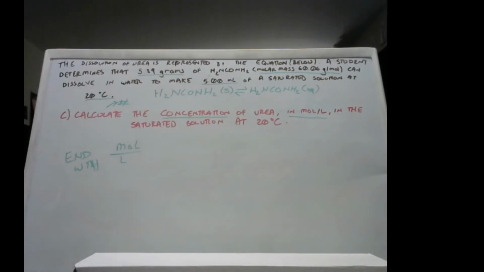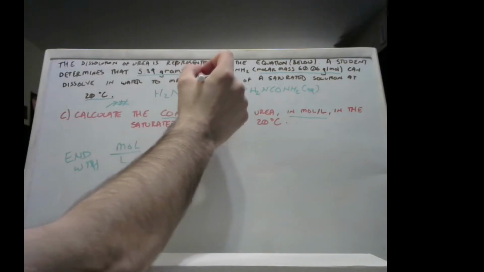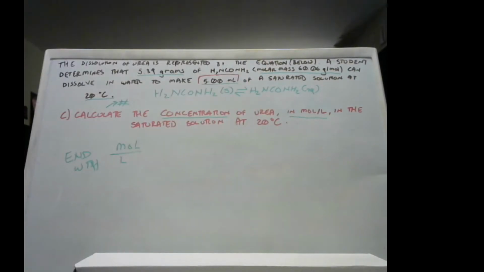Well, I don't have moles and liters. I have milliliters. That's probably going to be useful. But I don't have moles. So, stuck on this problem, thinking about it for a second. Where do I go? What do I do?